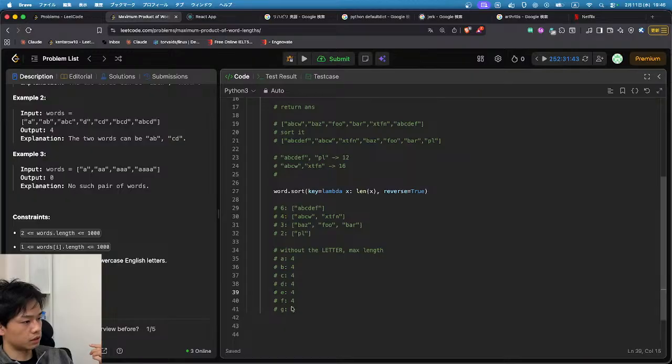So it looks like we can get the word that length 4, right?